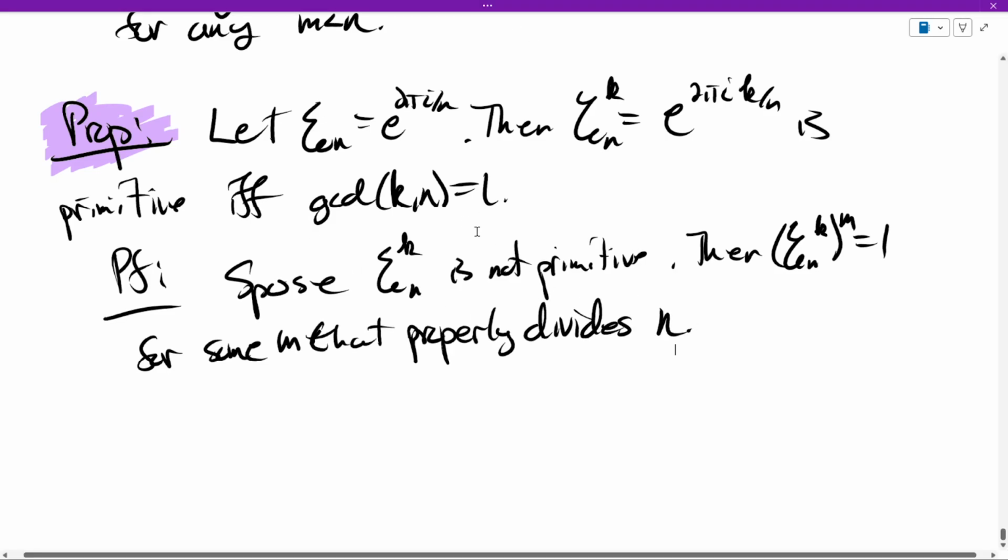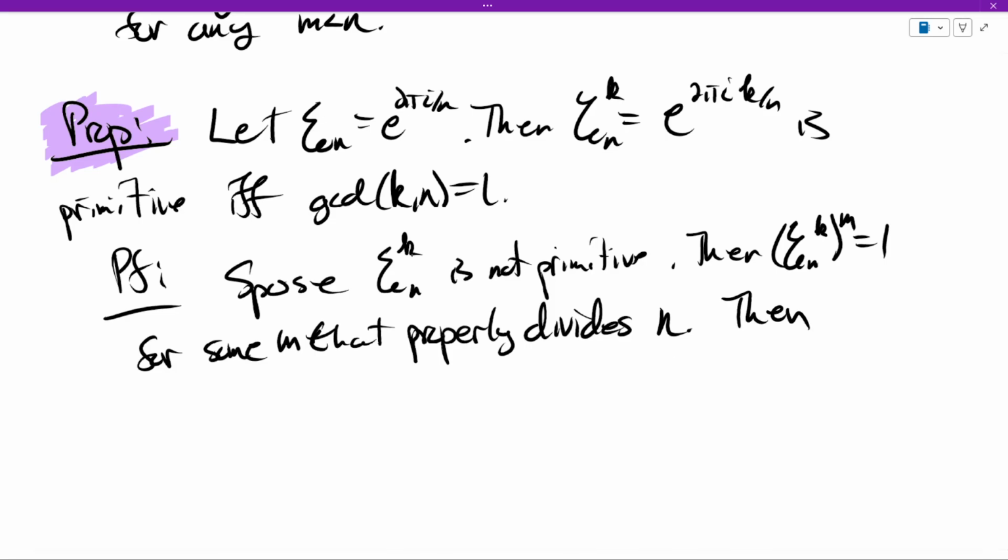The only possible way such a power could be 1 is if it's a proper divisor. That's something that you'll have to think about for a second. It has to be a divisor in particular, but if it's not primitive, it has to be a proper divisor. So that's just a consequence of the expression e to the 2 pi i over n. Anyways, suppose not primitive, then this is true for some m that properly divides n.